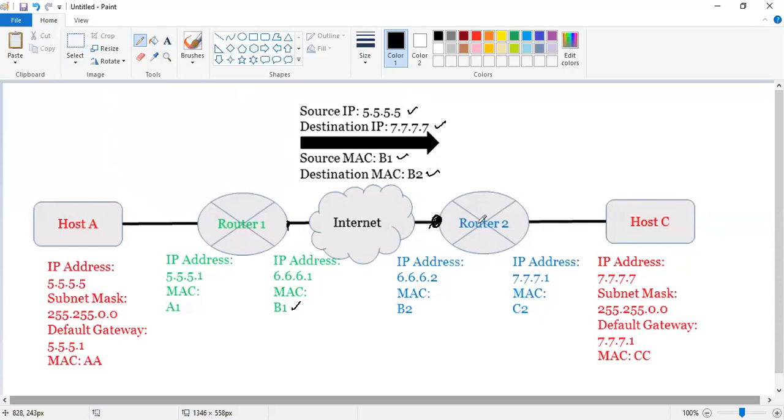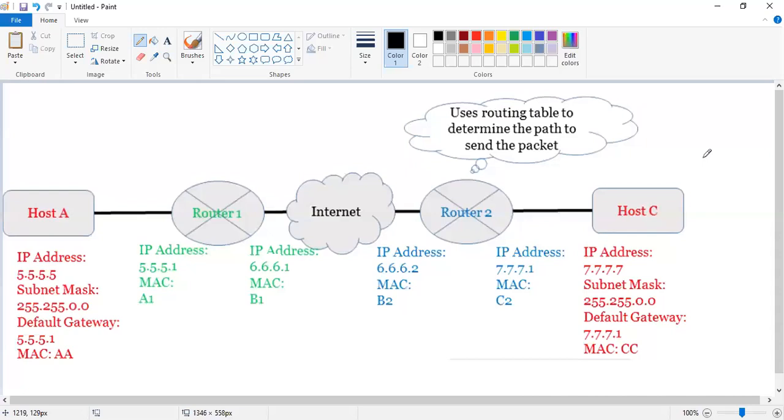And now router 2 receives that particular information. Once it receives the packet from router 1, router 2 has to determine where exactly the destination 7.7.7 is present. First it will check whether it belongs to its own network. Yes, I am connected to 7.7.7 itself, so I have a direct connection and all the information that is required.